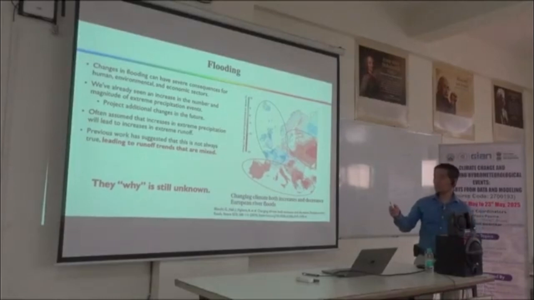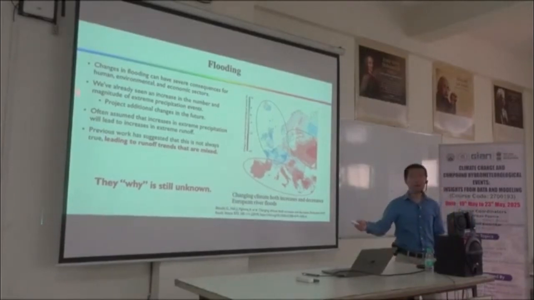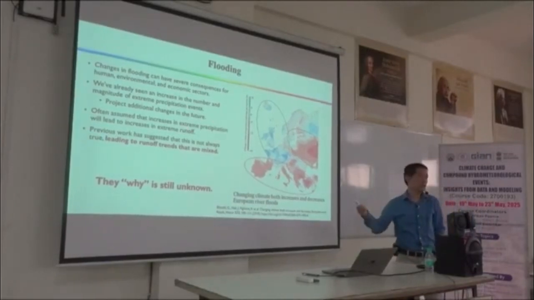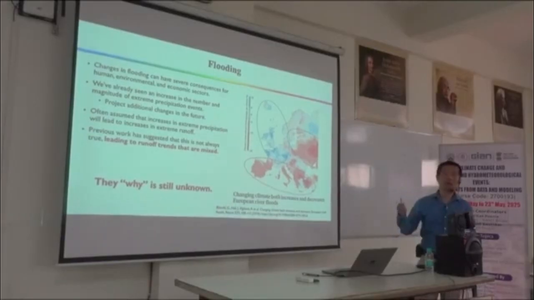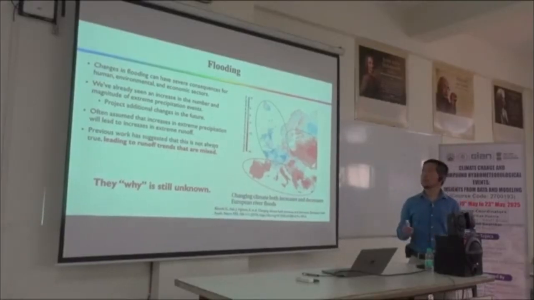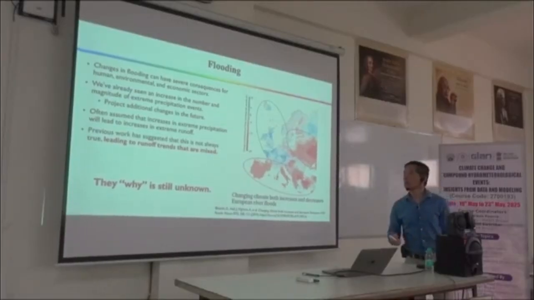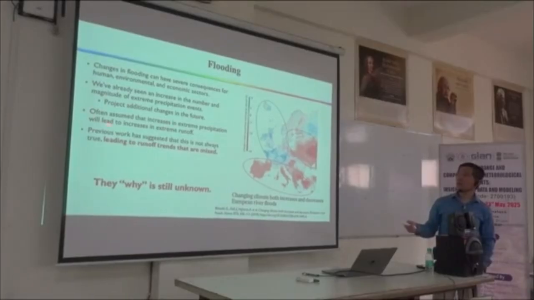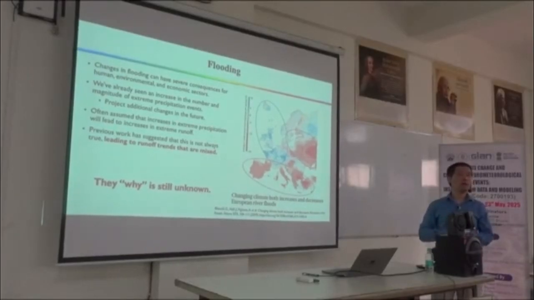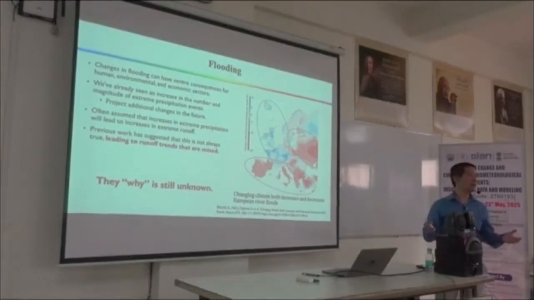So, we know flooding frequency has been changing just like drought, right? Because of the precipitation pattern change. And even right now, flooding events have been negatively impacting us in many different ways, right? But also most of the time people assume that if you have higher rainfall events, you must have higher flooding, right?